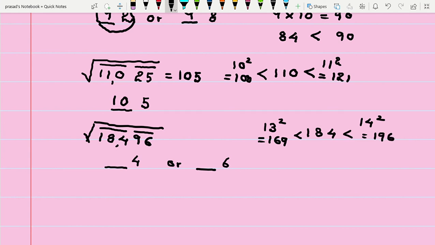So fill this blank with the smaller, 13. So either 134 or 136. Now I have to decide which one is the correct one. So what I'll do, I'll take the product 13 into 14. Now 13 into 14 is 182.